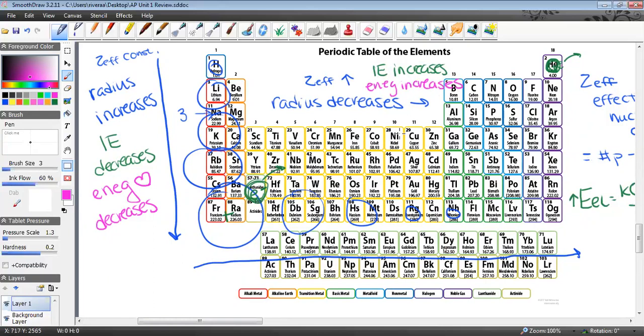So it's the same trend, nice, audible yawns this morning. It's the same trend going across the period as it is for ionization energy. So ionization energy and electronegativity have the same trend, but they are different things. Electronegativity is love for electrons in a bond, and ionization energy is the energy needed to pull those electrons off of the atom. And they can all be explained with radius, and radius can be explained by Z effective.